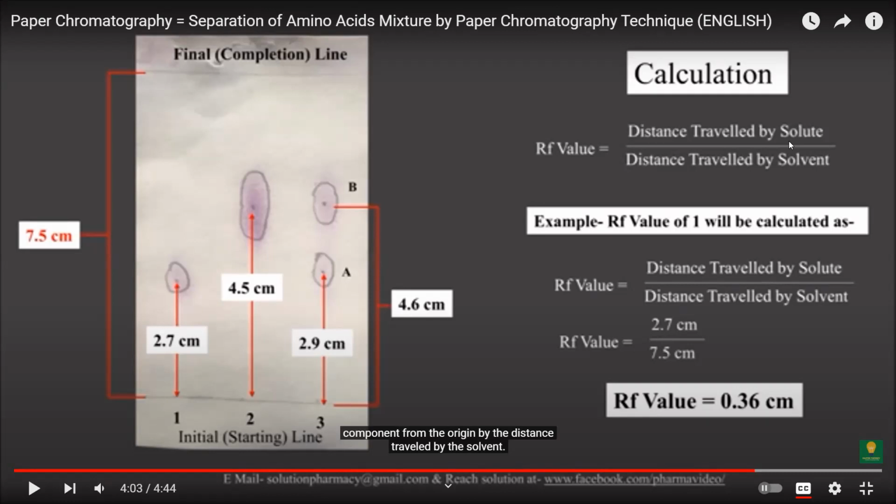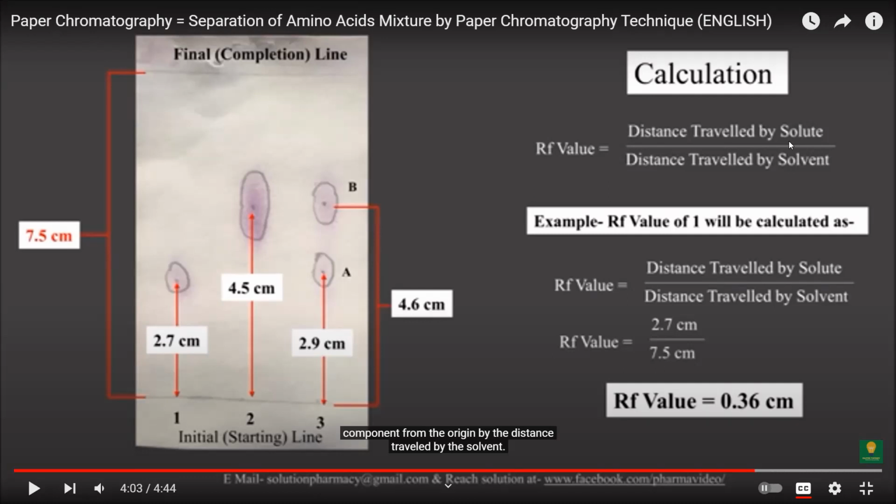And from the starting line you have already drawn initially, you have to measure the distance till the center of your spot. Okay, that is important. Then you also have to measure the distance from your starting line up to where the solvent ran. The point where your solvent has stopped running through the filter paper becomes your solvent front.